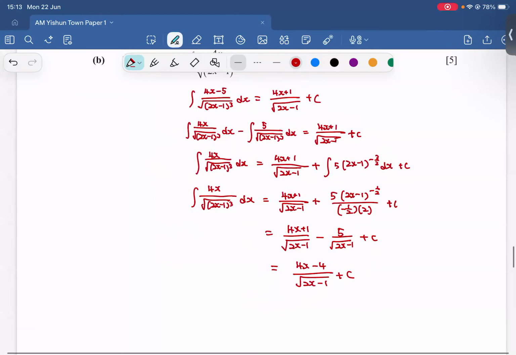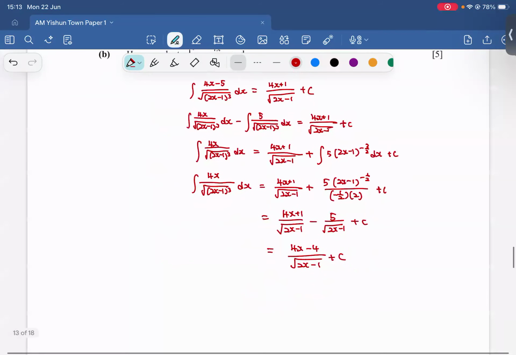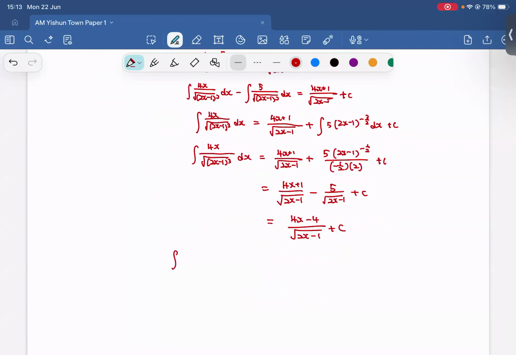Okay, but this is not what the question is asking. The question is asking with the (5, 1). So now if I find the (5, 1), if you want to put the (5, 1) in from the start, it is fine also. But I see that some of you can actually do it like that better. So now if I put the (5, 1) in, it's just putting the (5, 1) into this. So if I put 5, it'll be 16 over square root of 9 minus 0.